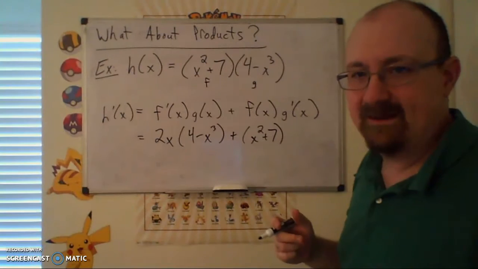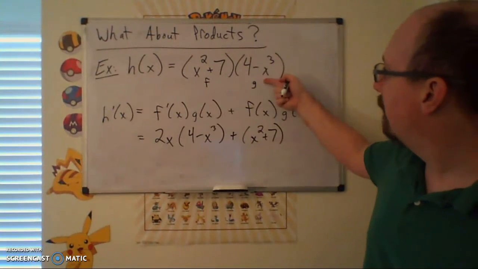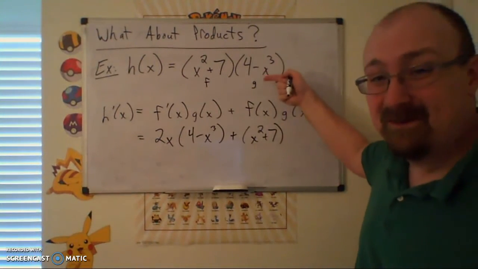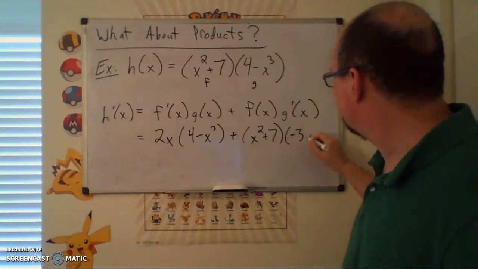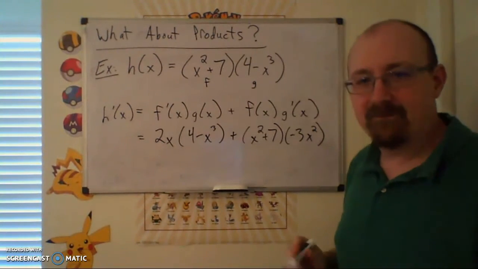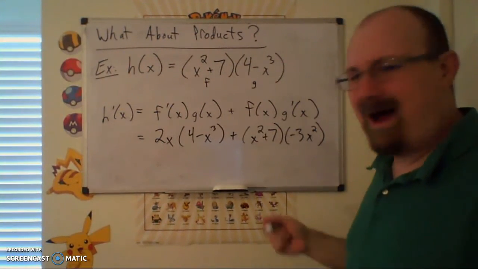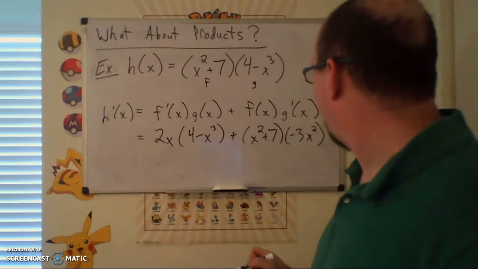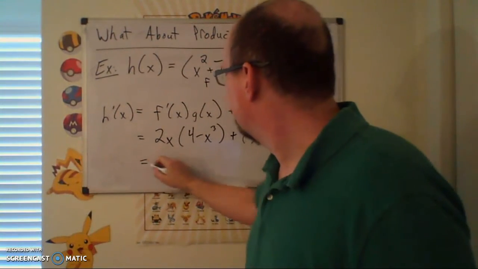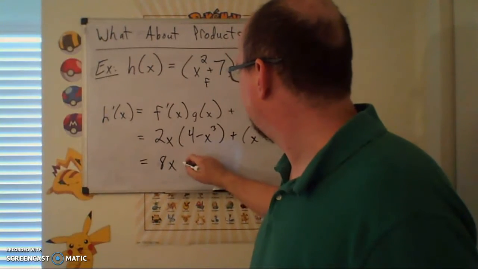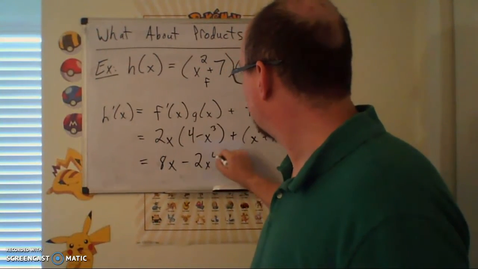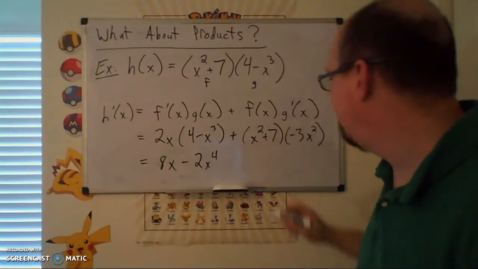If you don't get that, it's okay. Then I need to multiply this term by the derivative of this guy, which we said was negative 3x squared. And so now, if you want to clean this up algebraically, you can. Factor out the fourth out of the first piece.